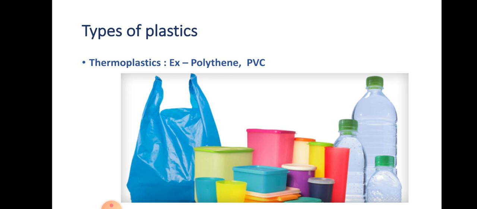Okay, for example polythene and PVC. There are many examples, and I have given a few examples in this video. For thermoplastics the main examples are polythene and PVC. These are used in manufacturing toys, combs and various types of containers.